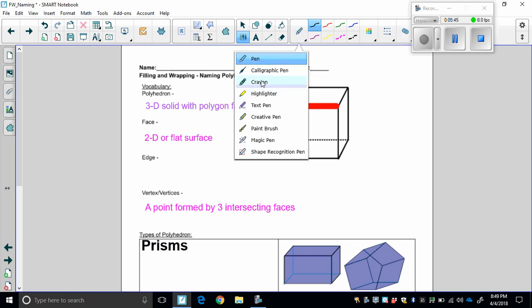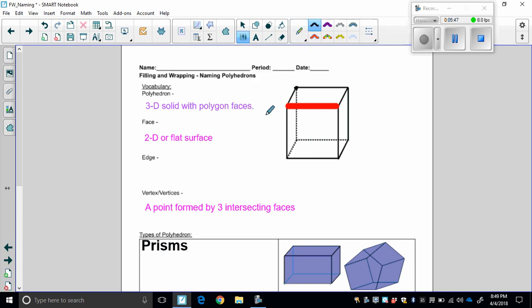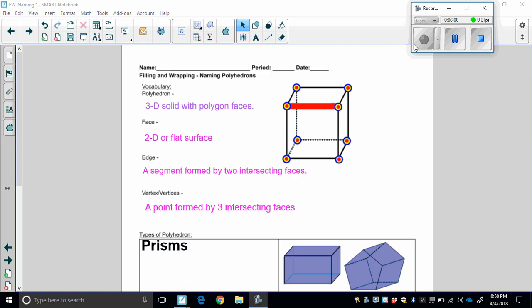So if I wanted to be more specific about the vertices, they're right here. These are all vertices. So there's 4 on the top on this shape and 4 on the bottom. In other words, an edge is just a segment, and a vertex is just a point.